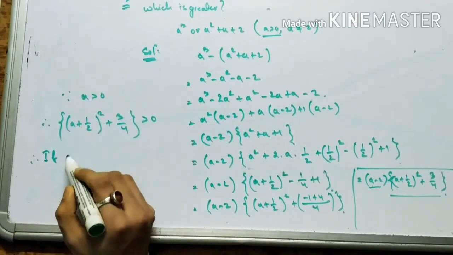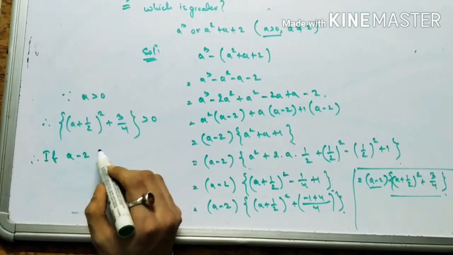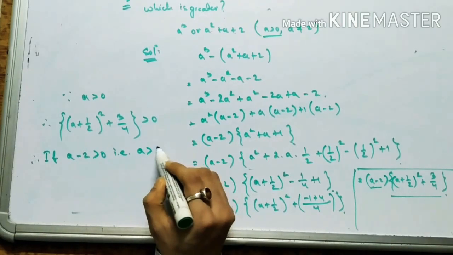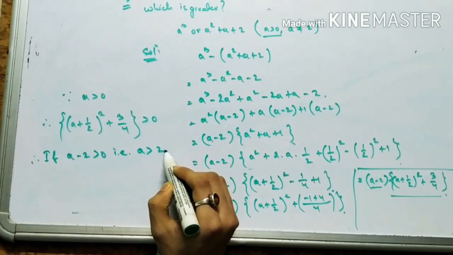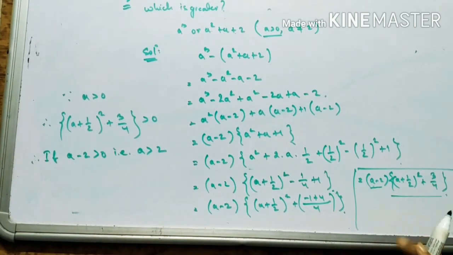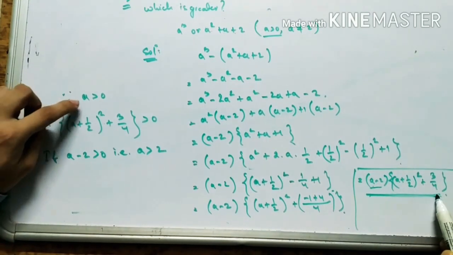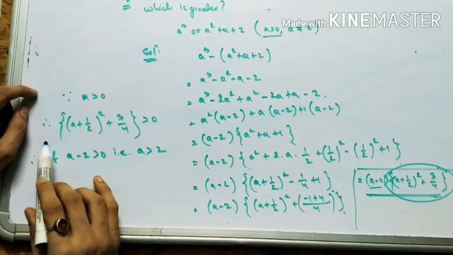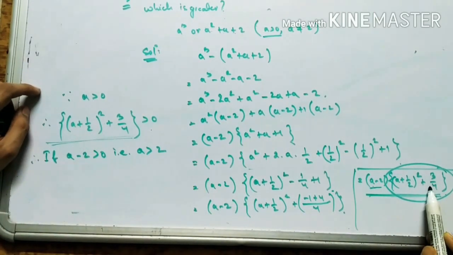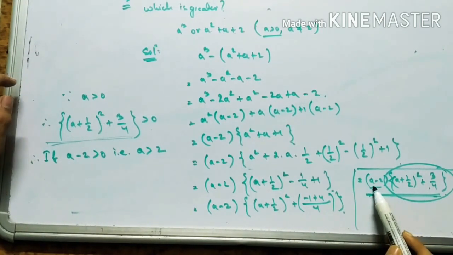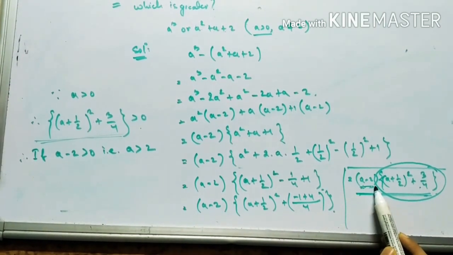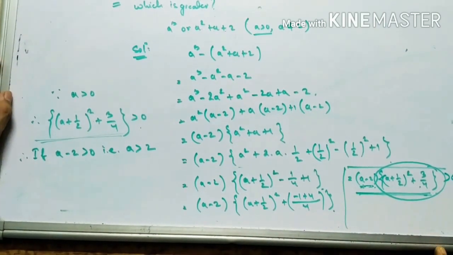If a minus 2 is greater than 0, that is a greater than 2, then since a is greater than 0, this part will be positive. If a minus 2 is positive, that means this whole thing will be greater than 0.